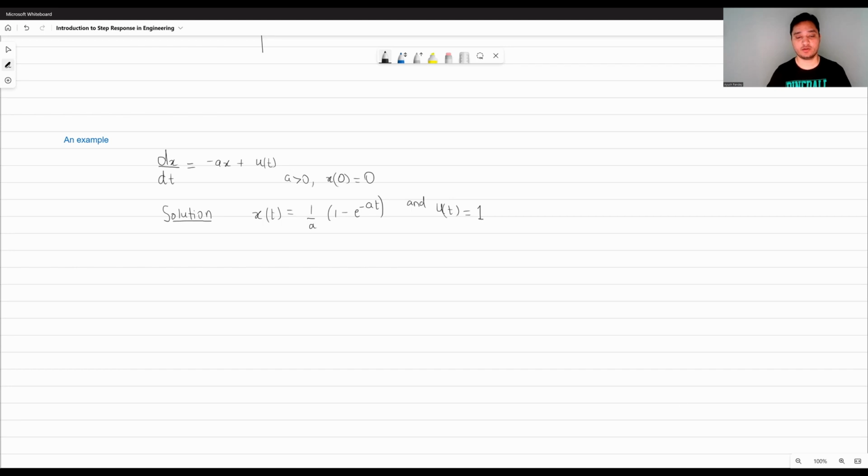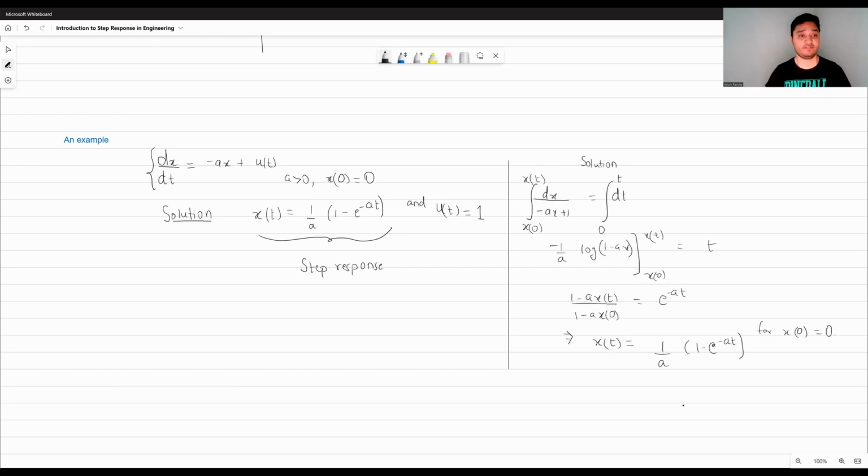So this is what would be called the step response for this very simple example. So you may be wondering how I came about this equation. And that is simply by solving this differential equation. And you may also solve that differential equation. I have solved it on the right-hand side here, but have not gone into the details of the step-by-step solution.